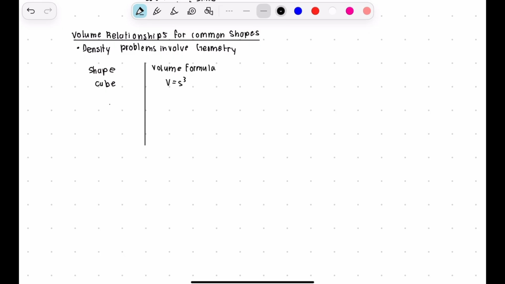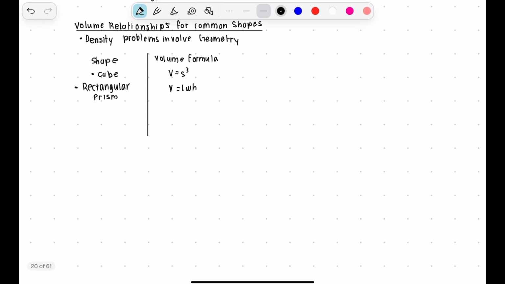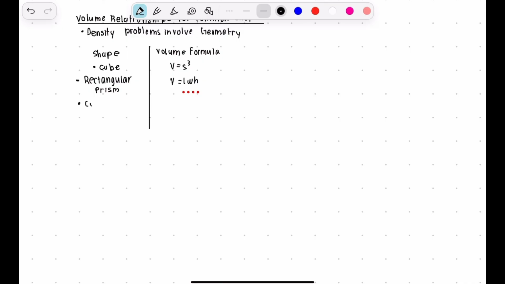So the volume of a cube is the side cubed. A rectangular prism would again just be volume is length times width times height. A cylinder would be the volume is pi r squared times height.